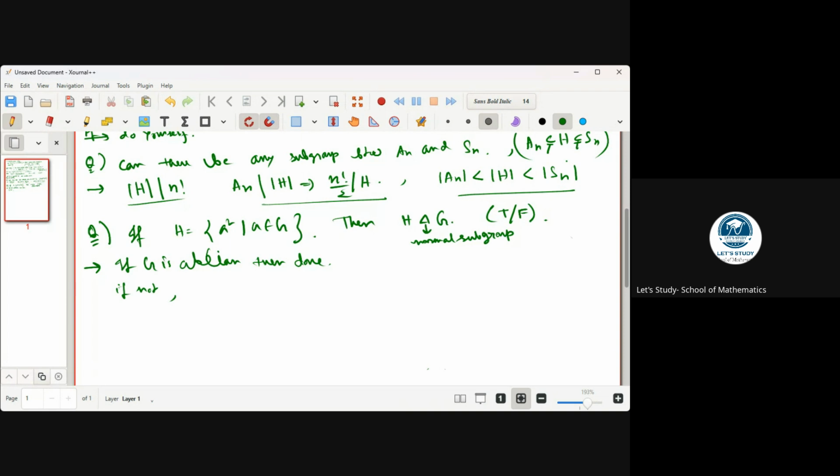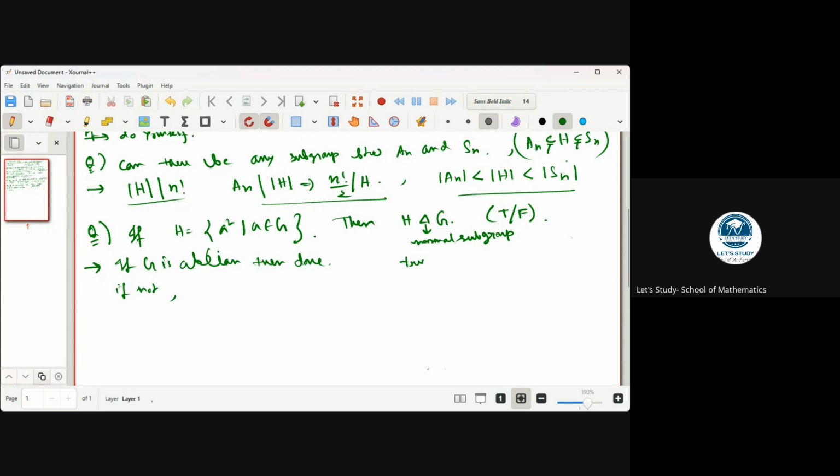But if you try S3, even S4, even S5, the statement will be true. In all of these cases, it will be a normal subgroup. So this is an interesting observation.